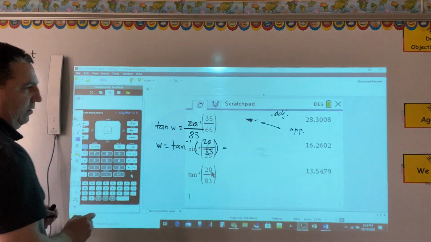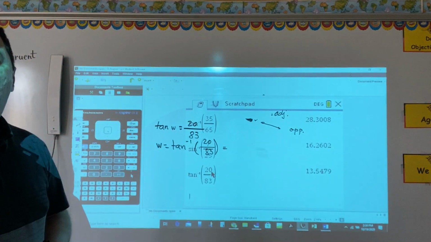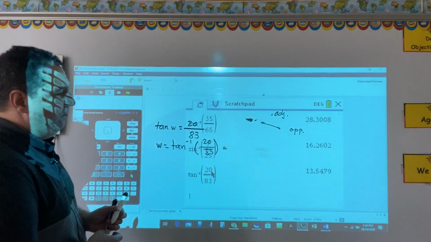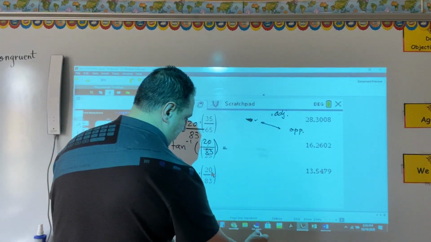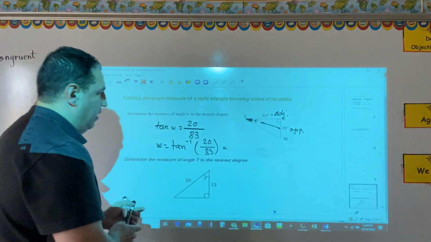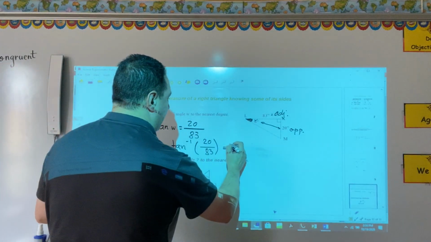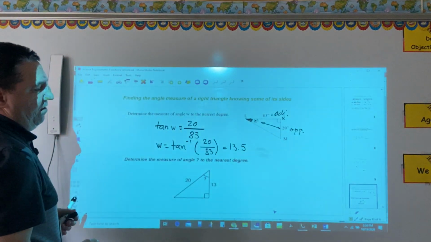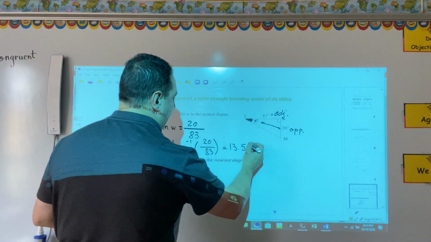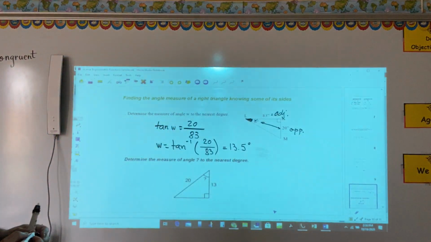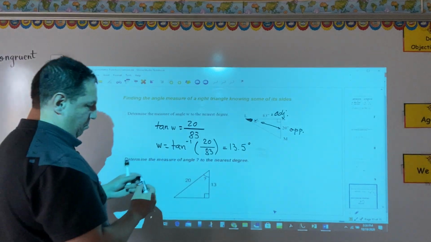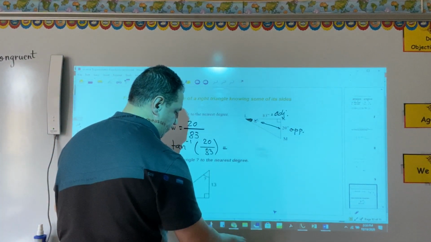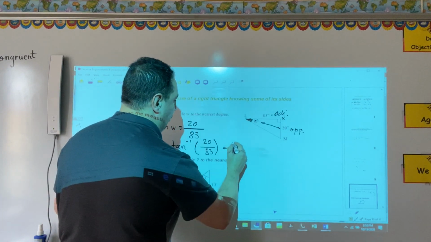And then we hit enter. So the angle would be 13.54, right? So 13.5 degrees, yeah, because it's to the nearest degree. Probably would be 14, right? 14 degrees.